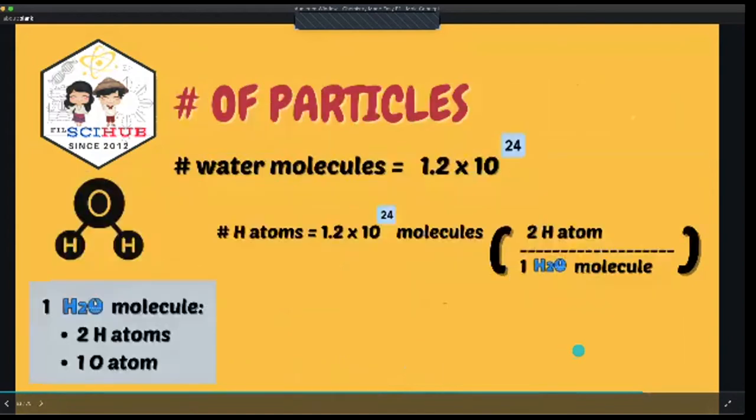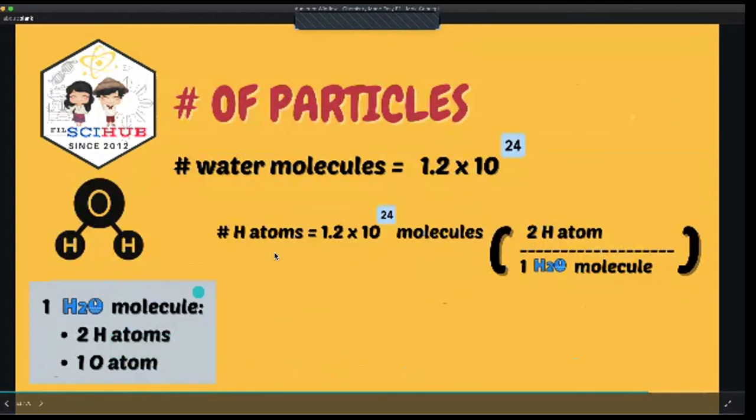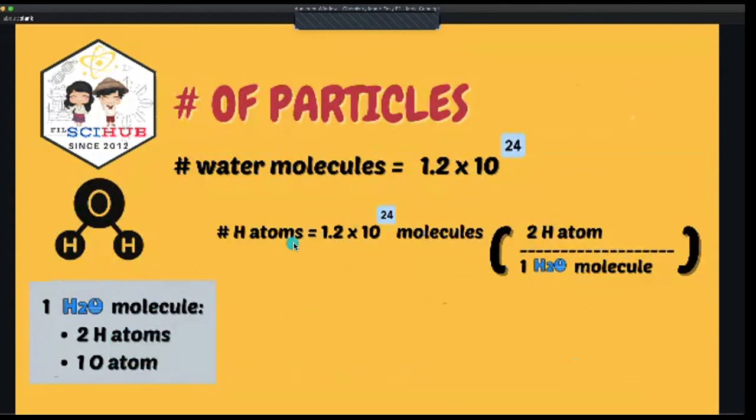So what you'll do is that you'll use the relationship that we discussed earlier. So if we are calculating the number of hydrogen atoms present in 36 grams of water, that would be 1.2 times 10 to the 24 molecules of water multiplied by this conversion factor. So 2 hydrogen atoms are present in 1 water molecule.